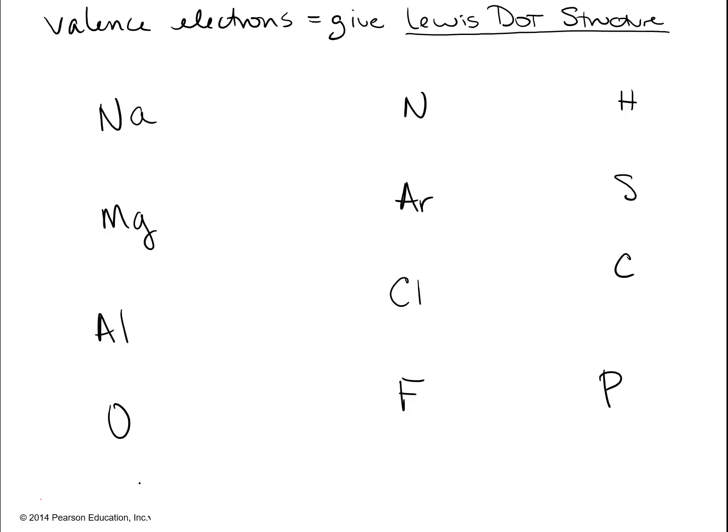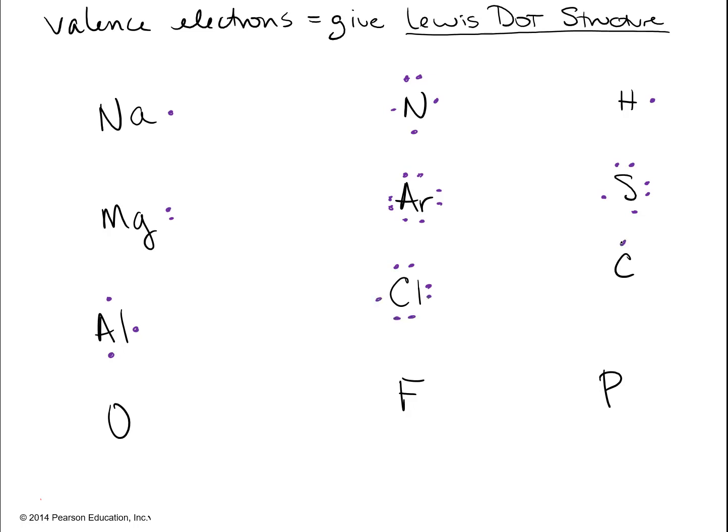All right, so what did you get for sodium? 1. How about nitrogen? 5. I'm just going across. Hydrogen? 1. Magnesium? 2. Argon? 8. Sulfur? Nope. How many? 6. So remember it's in group 6A. Aluminum? 3. Chlorine? 7.